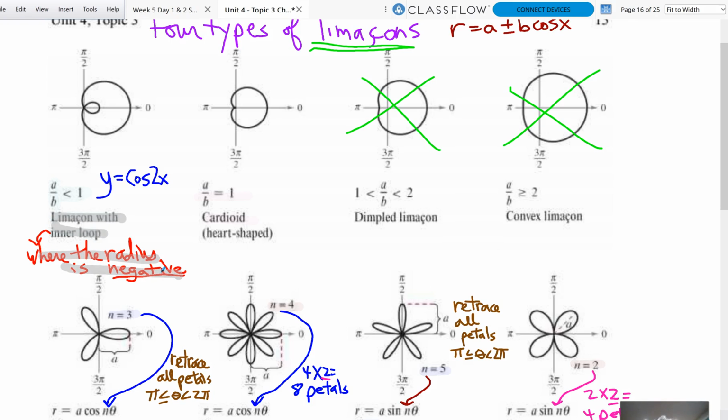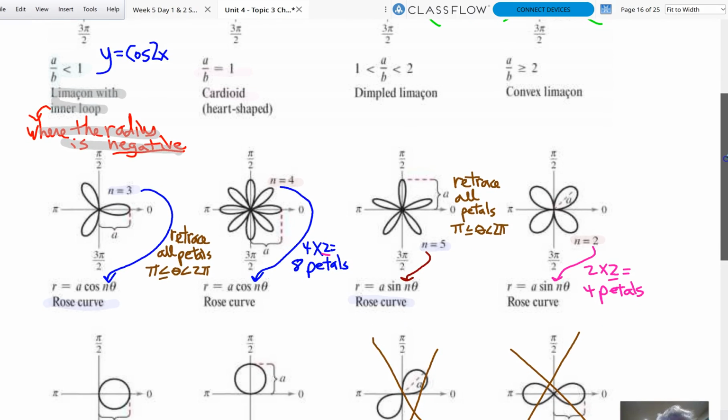So when I was talking to you about all of the points on GeoGebra, in this case, they are the r values that dip below the polar axis. Where the radius is negative, that's where you're going to get an inner loop. And then down here, it's just our rose curves again.